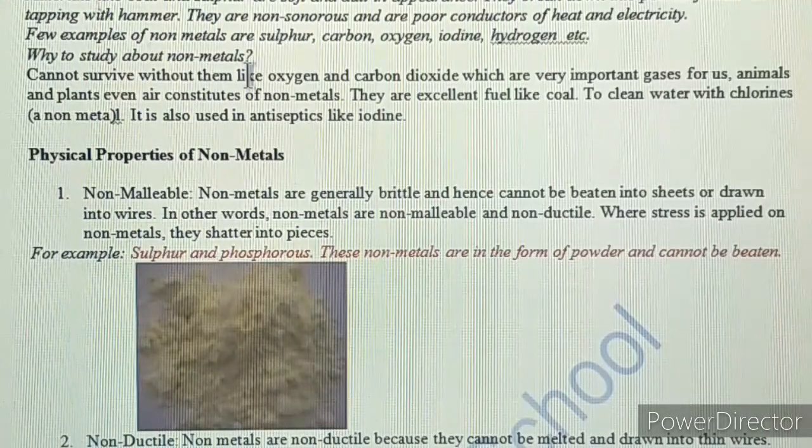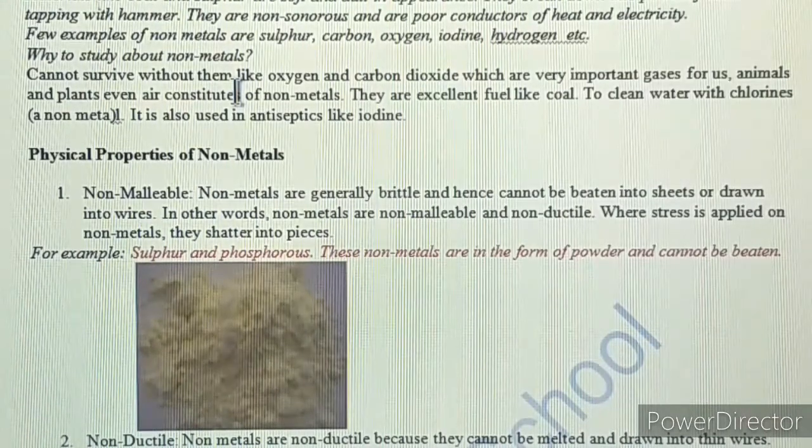Out of these non-metals, children, carbon was introduced in the prehistoric period. Only carbon was known then, while otherwise all the metals were known. Later on, when they realized that non-metals are very important for us, these non-metals were discovered at a later stage, children.